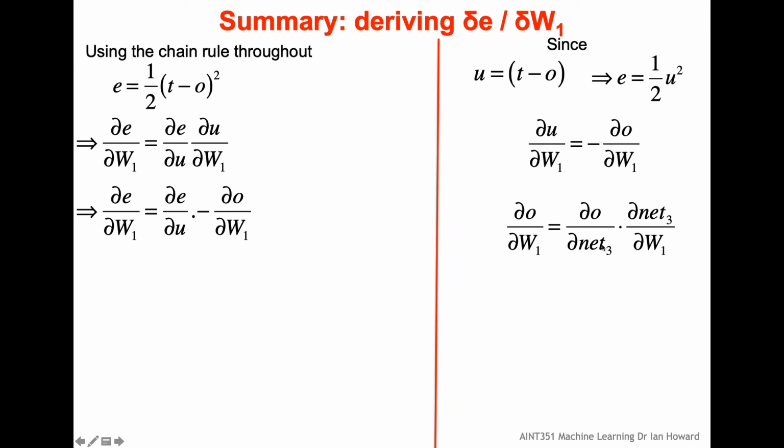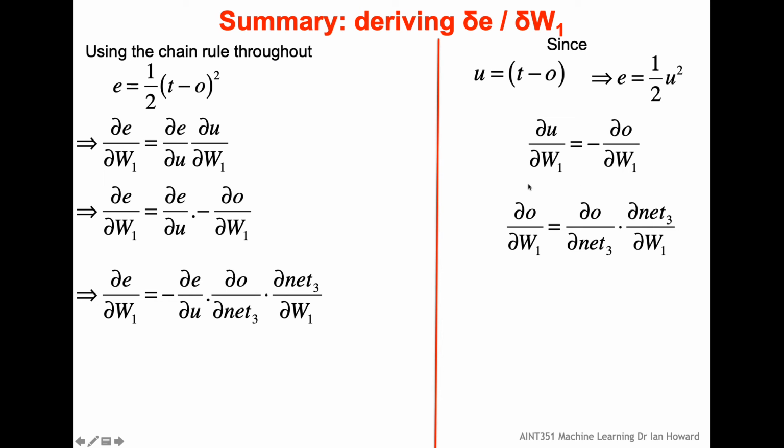We had that last time. So what we can do is put in the intermediate variable net3 and take that into account. So we calculate do/dnet3 times dnet3/dW1 using the chain rule. So substituting this expression for do/dW1 into the expression here, we expand it out, it gets a bit bigger.